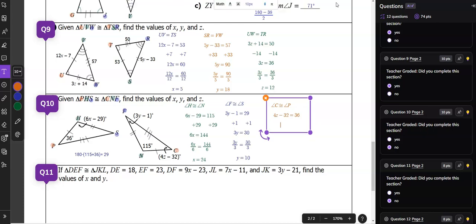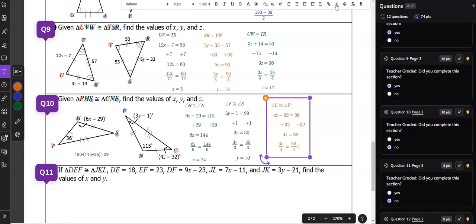And then I'm going to add 32 to both sides. And that's going to give me 4z is equal to 68. Divide both sides by 4. And z is going to equal, let's see, 4 into 6 is 1.